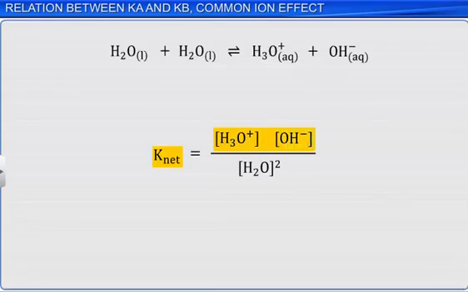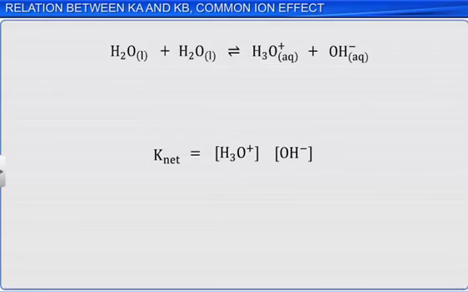As the concentration of water remains almost constant, it can be ignored. Hence, K net is equal to the product of the concentrations of H3O+ and OH- ions.